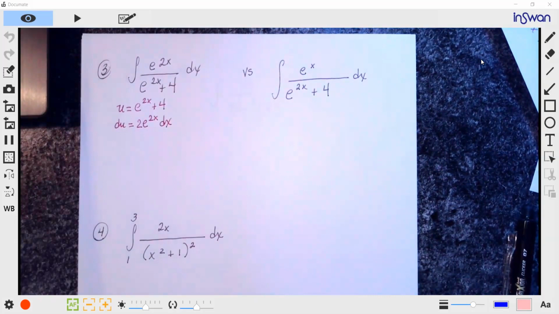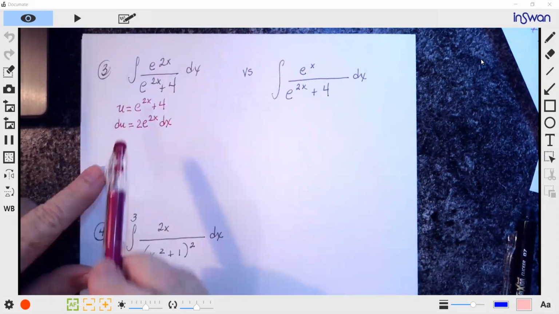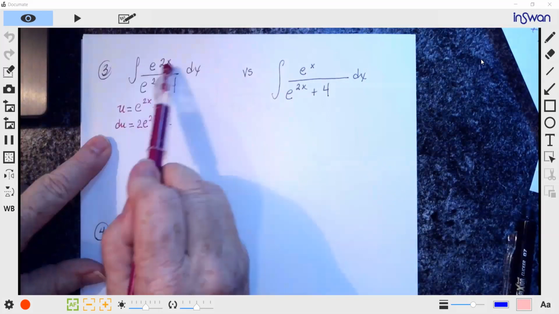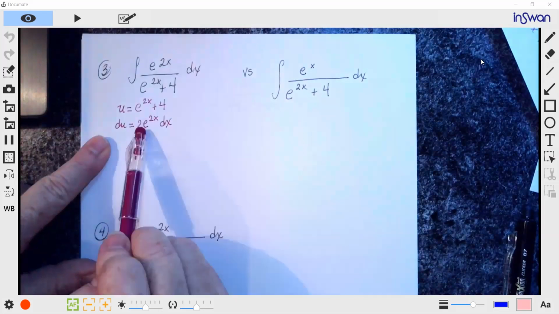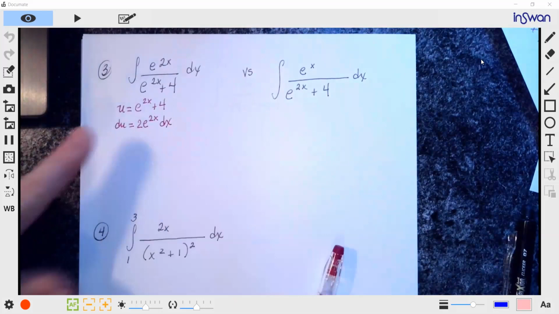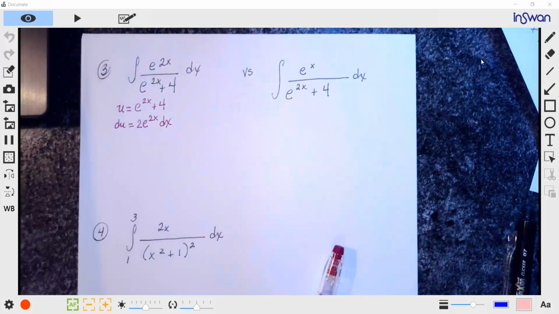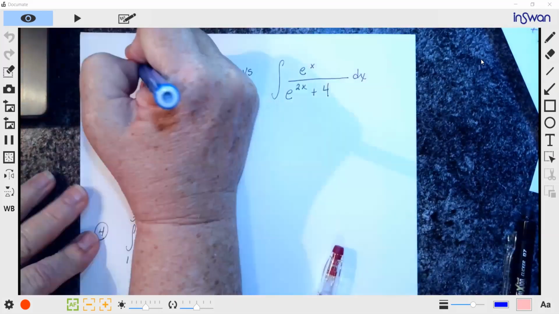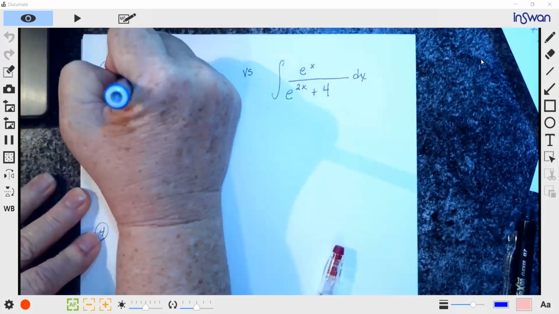Does that make me happy? Well, in this case, yes, because to get my du, I needed an e to the 2x, a dx, and a multiple of 2. So I'm just going to multiply the numerator by 2 and reverse it with a 1/2 out front.